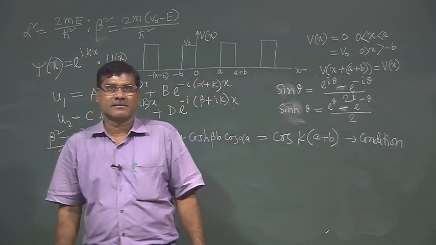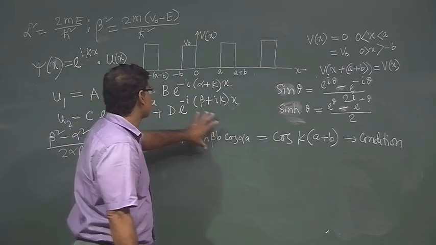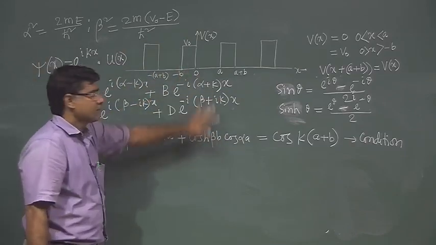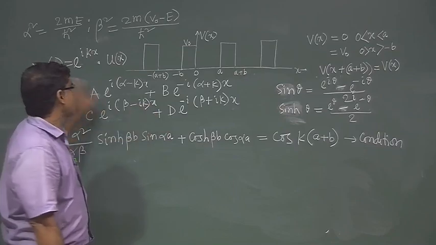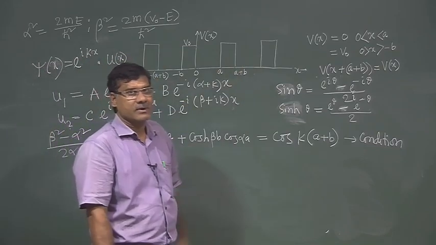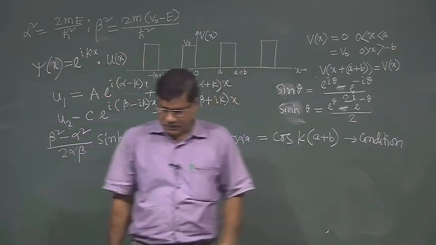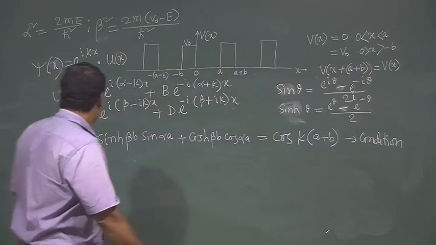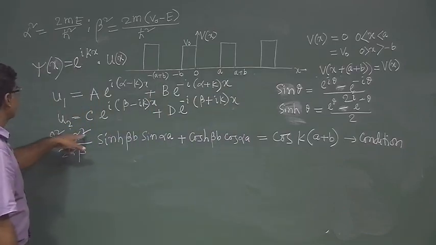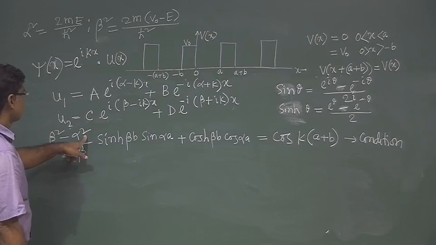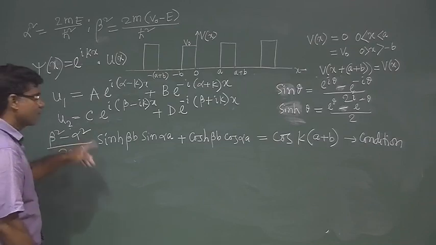This is basically the condition, and this condition has to be satisfied by this system, okay. So what is beta square minus alpha square? Beta square. So what will we do now?